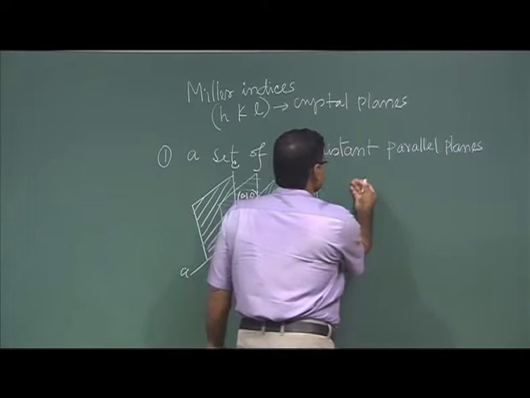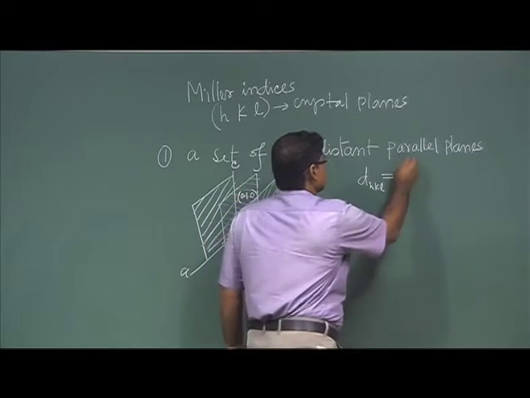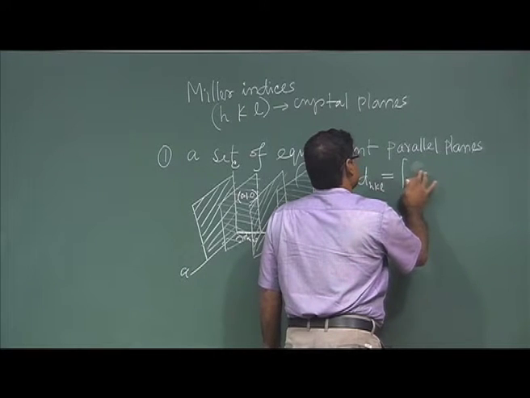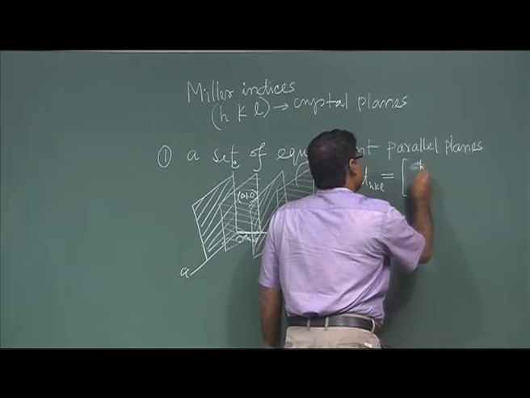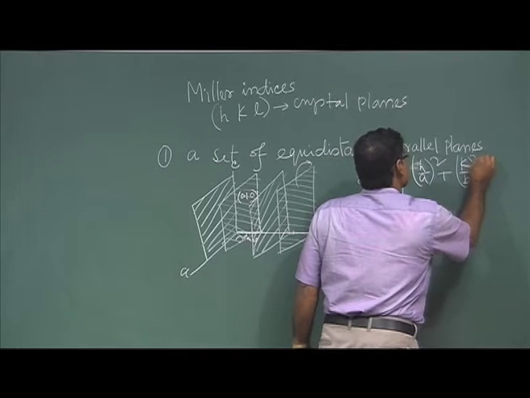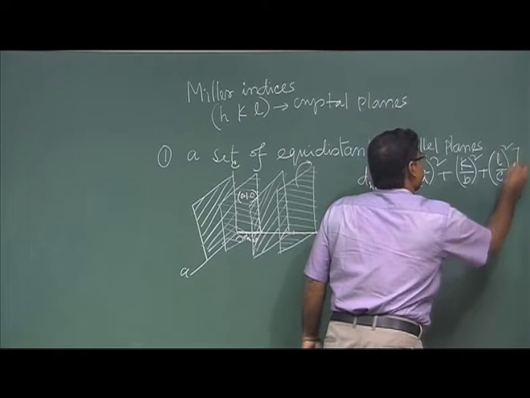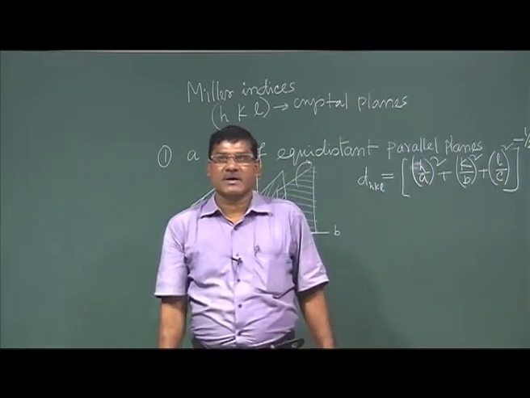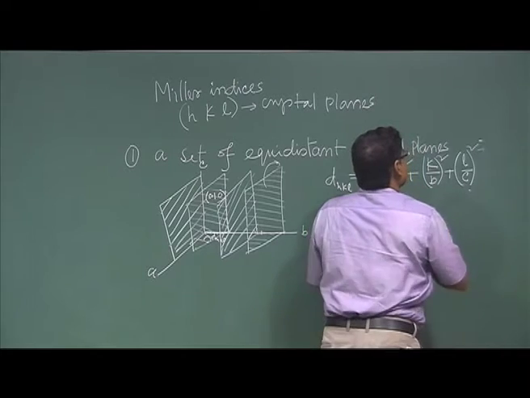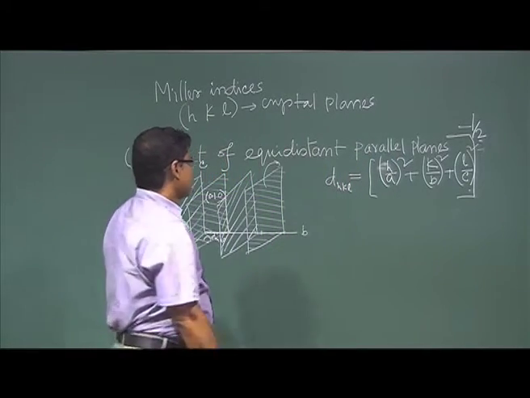So we have seen that DHKL is equal to h by a whole square plus k by b whole square plus l by c whole square, and that whole thing to the power minus half. So this is how we found this.